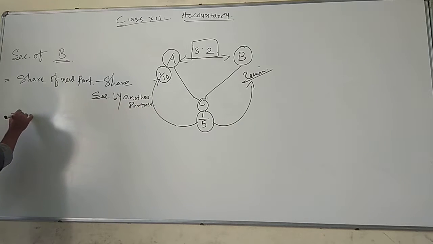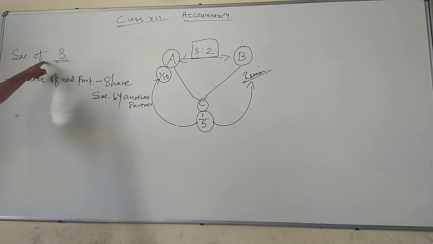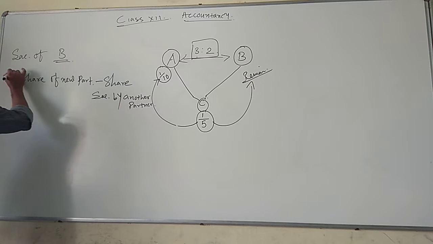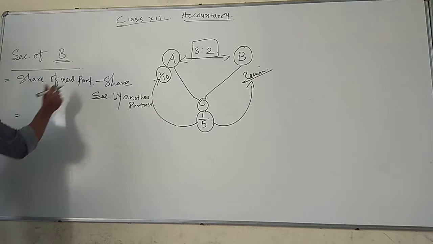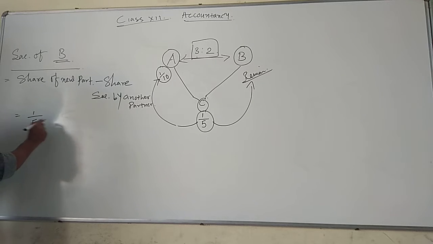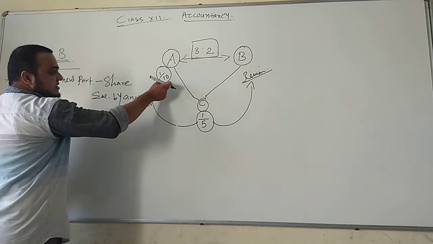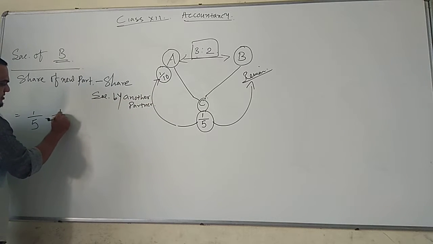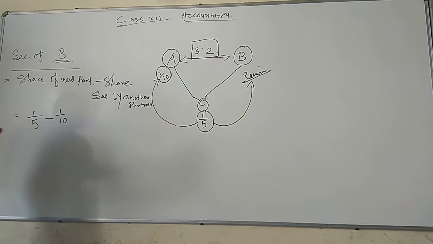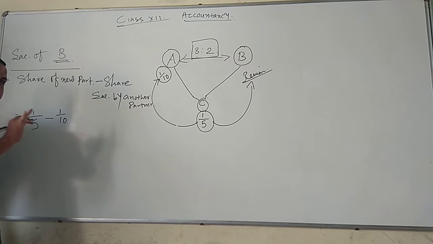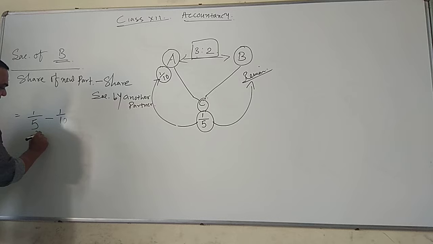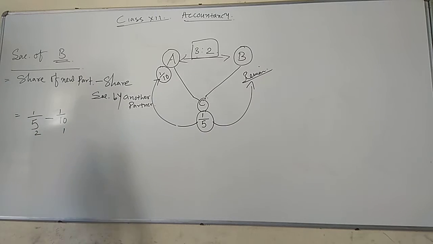Now, हमें ढूंढना है B का sacrifice. So according to this, share of new partner, that is 1/5, minus share sacrificed by another, that is A, 1/10. So now if we take the LCM, that will be 10. 5 2s are 10 and 10 1s are 10.